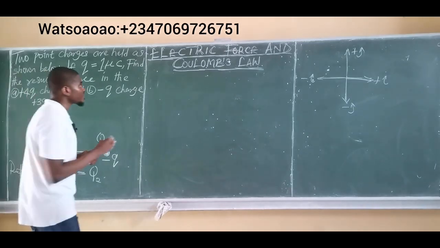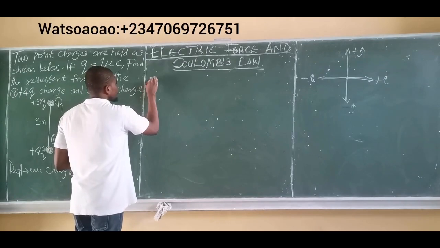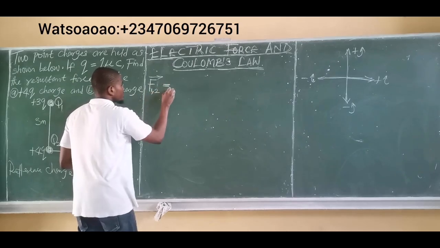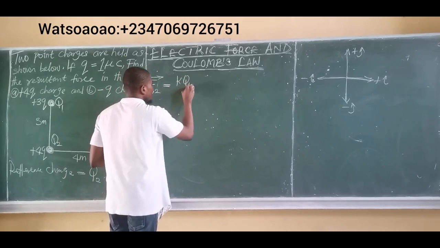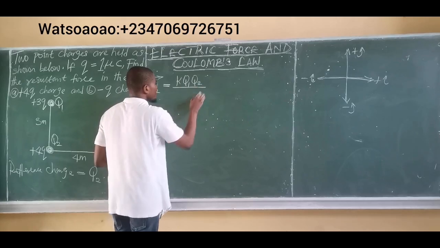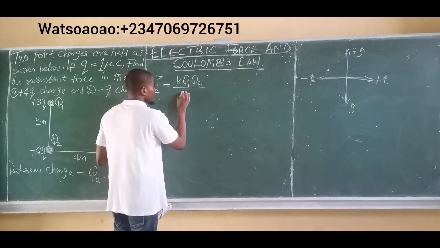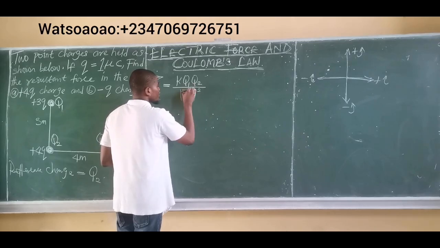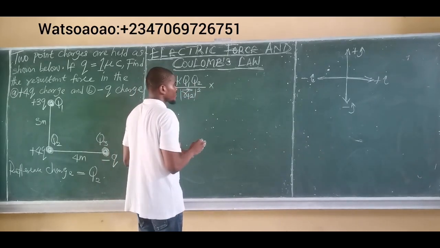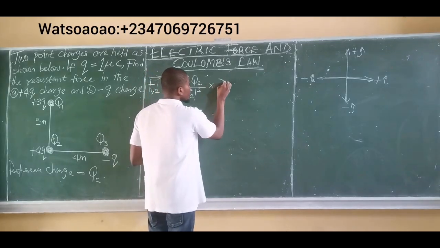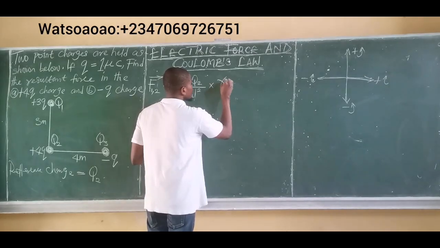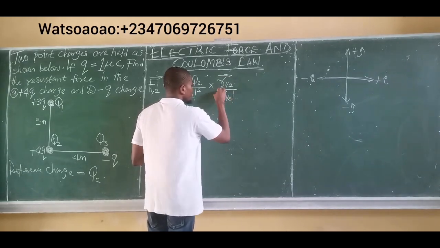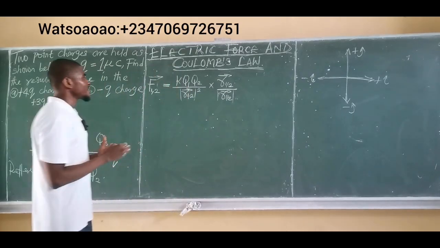So the force between charge 1 and 2 is going to be K Q1 Q2 over, remember, in vector form, the magnitude of R12 all squared, times the unit vector. And unit vector simply means the position vector R12 divided by the magnitude of R12.